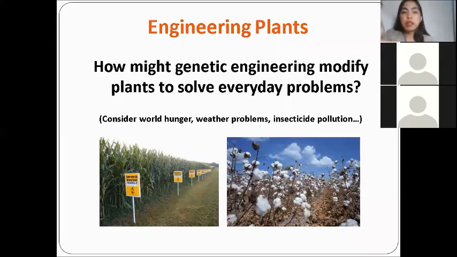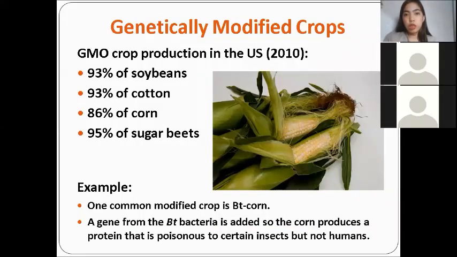So consider world hunger, weather problems, or insecticide pollution. So in every problem, there is a solution. So the first example in engineering plants or genetically modified crops is the BT corn. Yan. So GMO crop production in the US, 2010.